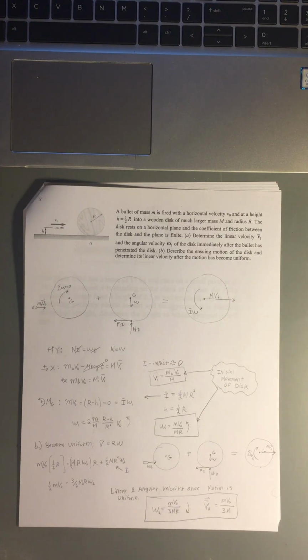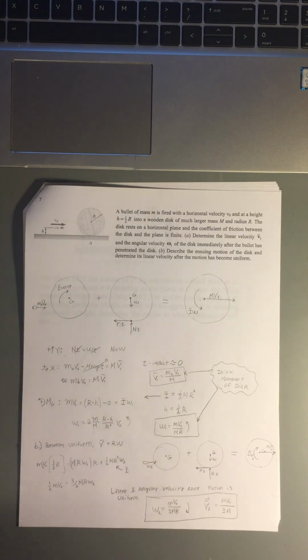And then in the x direction, we have the mass of the bullet, which I labeled mb, lowercase m, b, times our initial velocity of the bullet, v naught. And then we have to subtract from that, because it's in the opposite direction, the force of friction here.